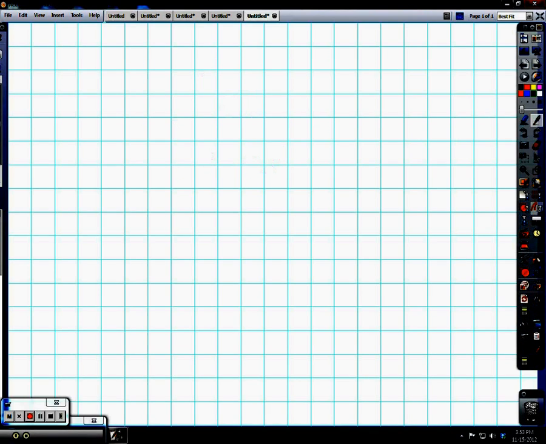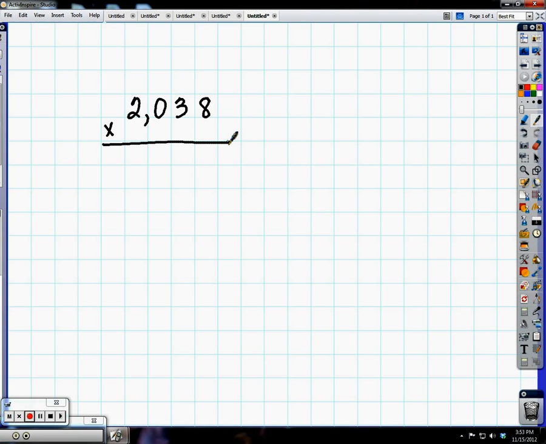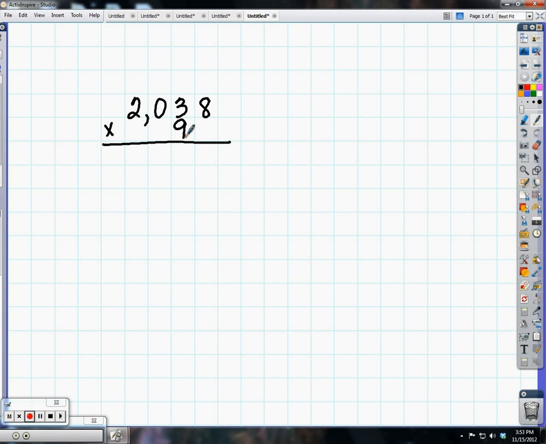Okay, one more example. This time let's make it just a little bit harder, just to show you it works with any size number. Let's take a 4-digit number, 2,038 multiplied, and we'll do a 2-digit multiplier, multiplied by 97. So 2 digits means 2 lines of work.